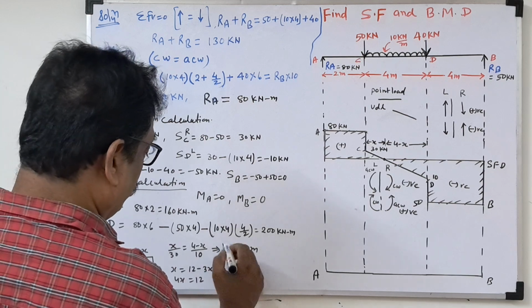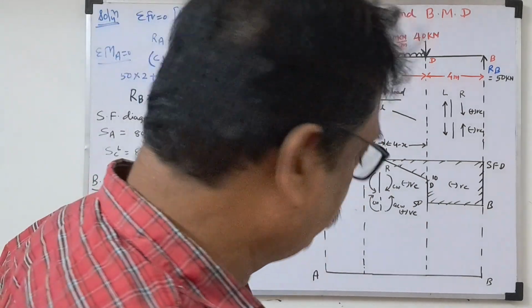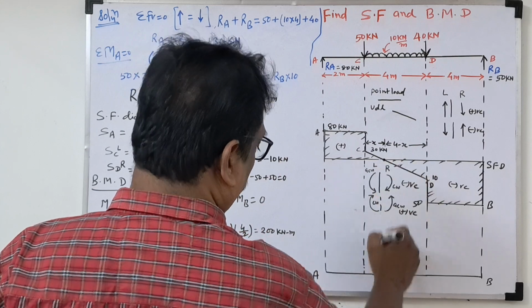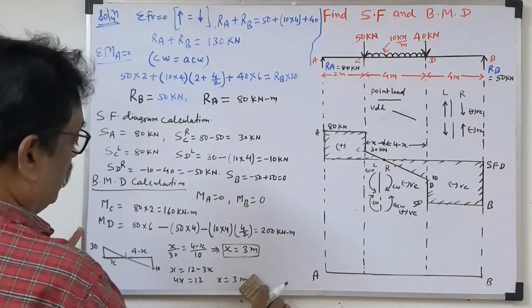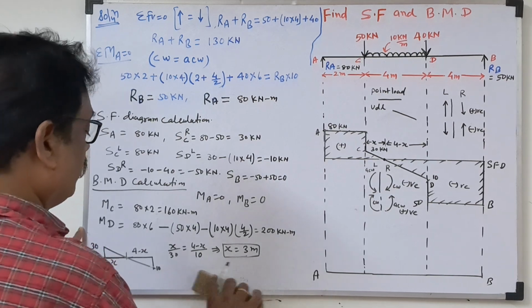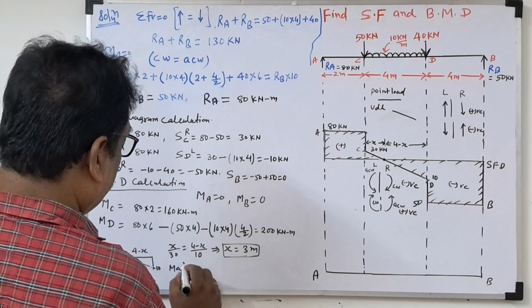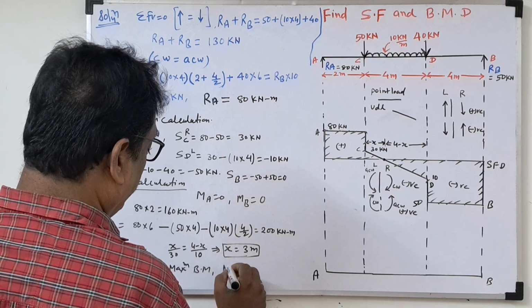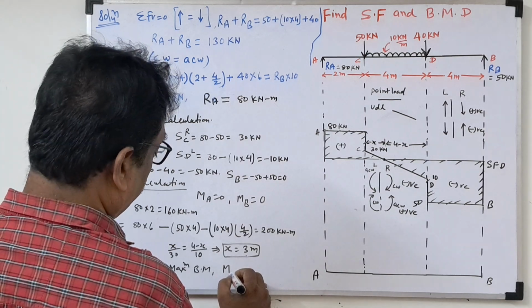So that's why we wrote here x equal to 3 meter. At x equal to 3, we will get the maximum bending moment. So we will calculate M3.